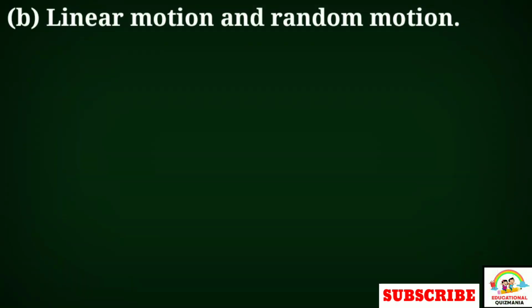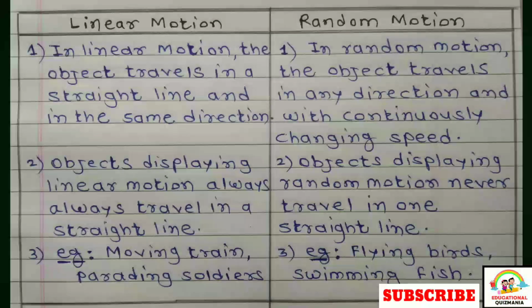B, linear motion and random motion. Answer 1, in linear motion the object travels in a straight line and in the same direction, whereas in random motion the object travels in any direction and with continuously changing speed.